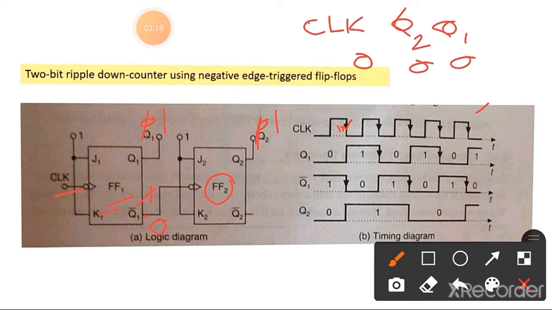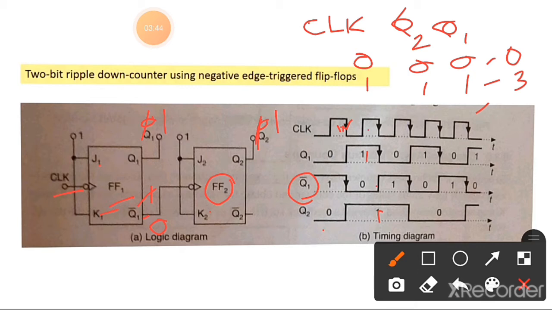So after the first clock pulse, Q1 becomes 1 and Q1 dash becomes 0, then Q2 becomes 1. That is, it becomes 1 1, corresponding to 3.